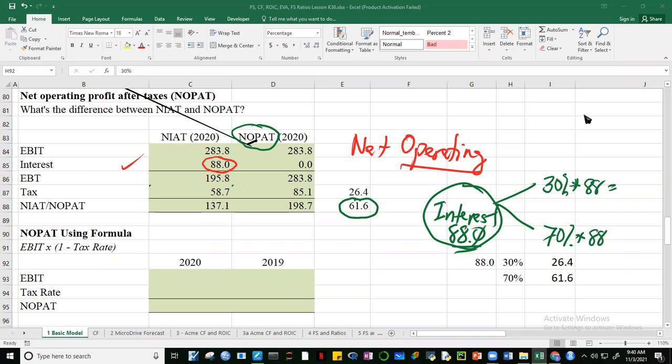Any questions? Let me put the question another way. Is it clear so far? I would appreciate you answering, guys. Kung clear so far yung discussion natin itong NOPAT and NIAT. Yes, sir. Thank you. How about the rest, guys? I wish to have responses from more than 20 students. That will be great for me, guys.